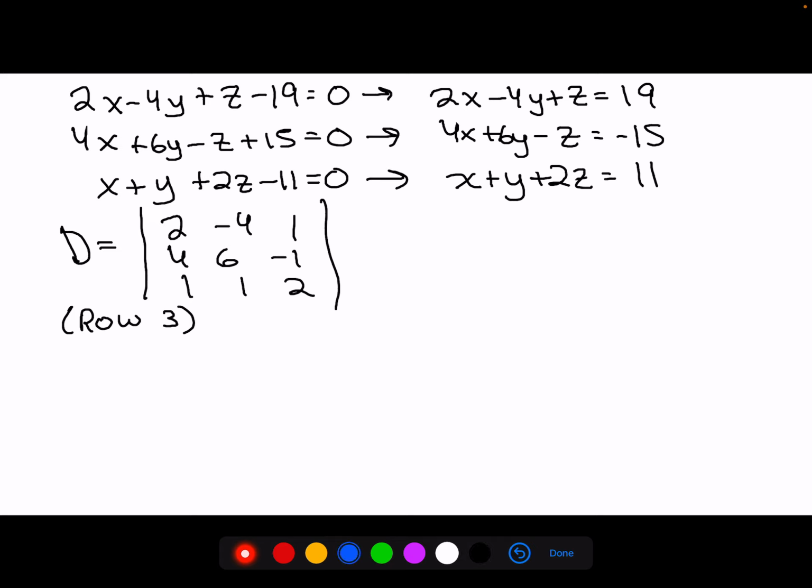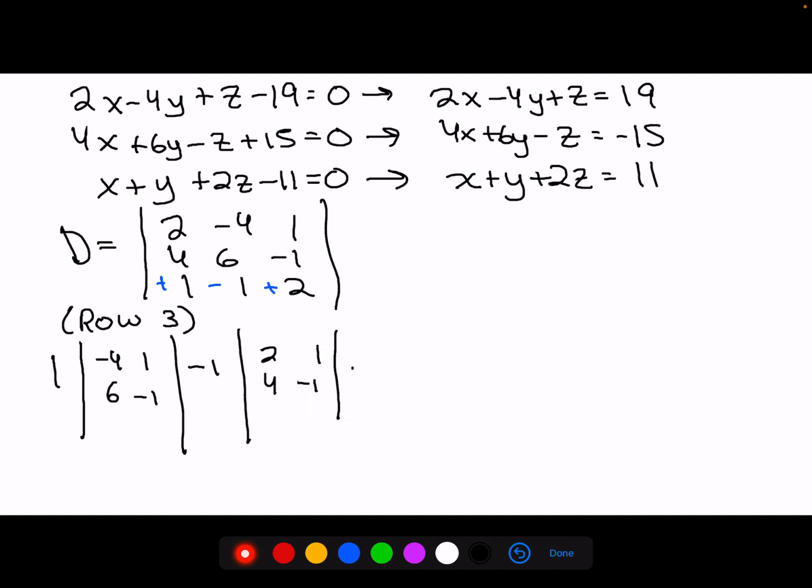Remember my signs: plus, minus, plus. So I have 1, then minus 1, then plus 2.